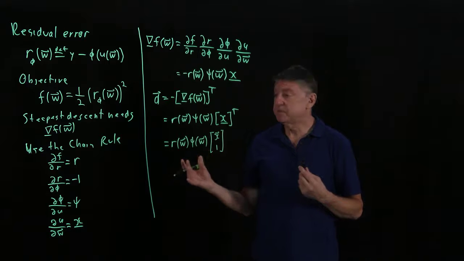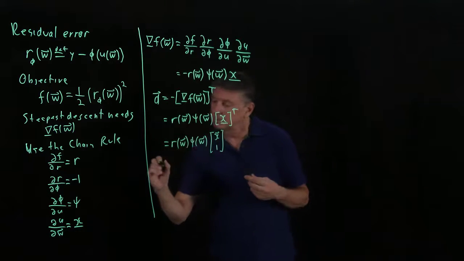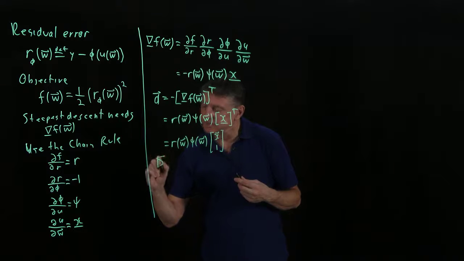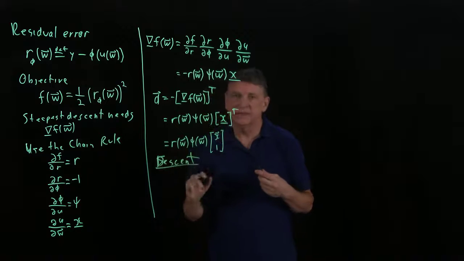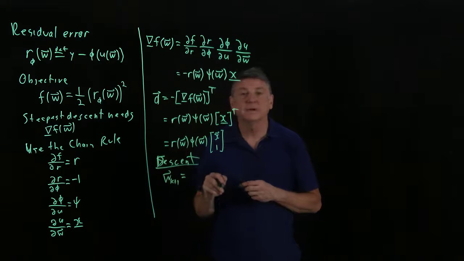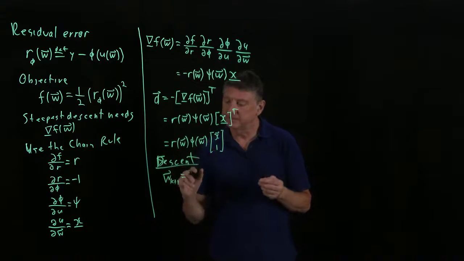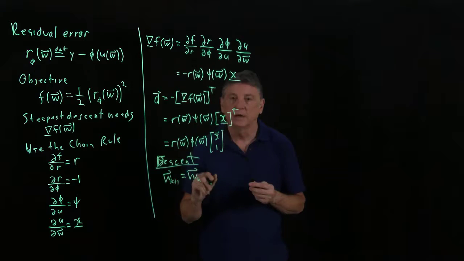So the steepest descent is now, we'll say our k plus 1 estimate of the weight vector that classifies the data is wk.